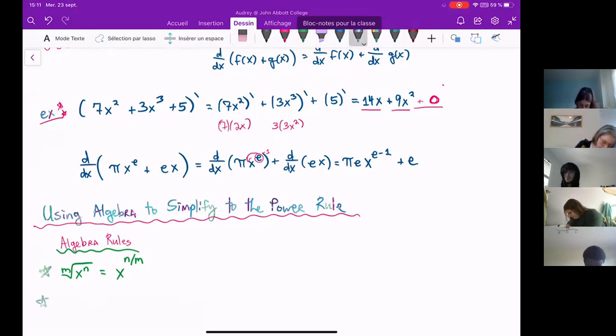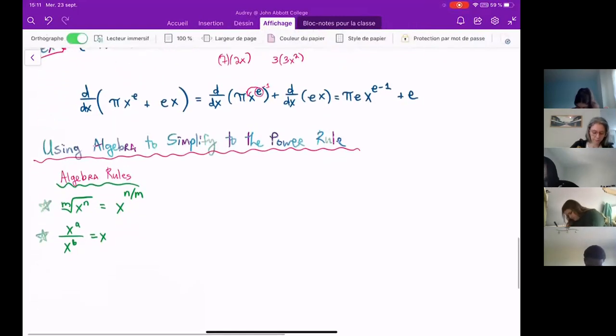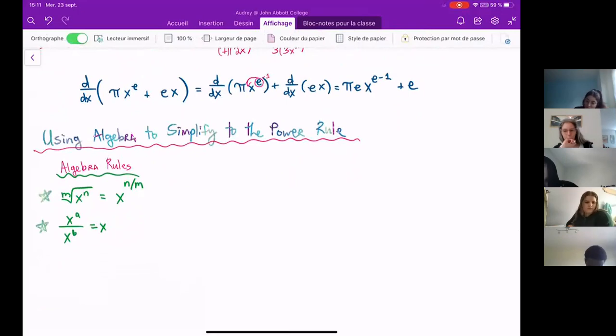Another rule that you guys need to get comfortable with that we did remind ourselves of for sure is x to the power of a over x to the power of b. How can I rewrite that as x to just some power? This one hopefully you guys are a little more familiar with. You got it.